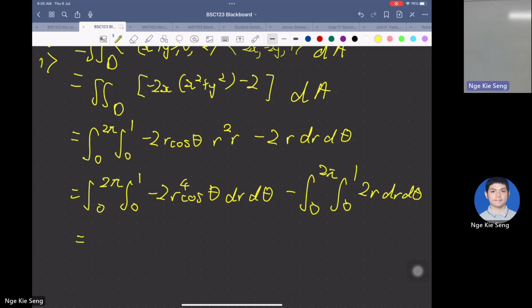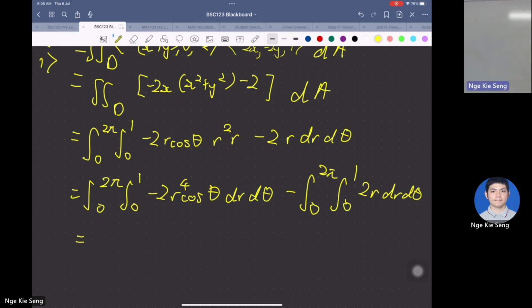Make sense or not? In 1D, just make it flat only. It's still a 2D thing, we just make it flat, and then we make it further flat.